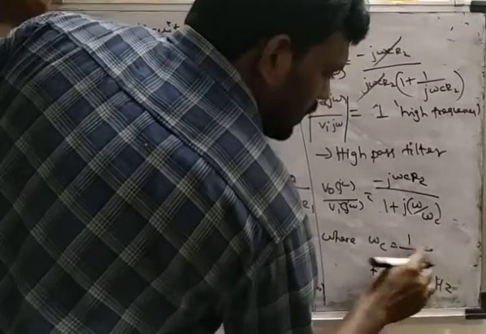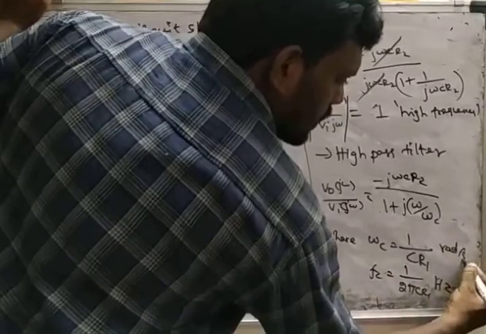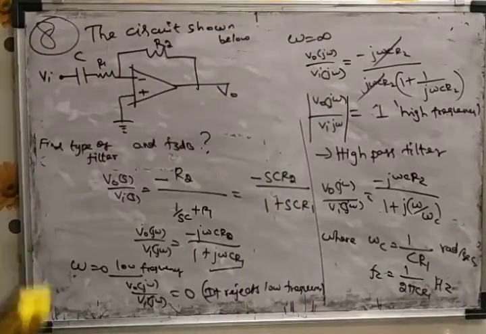Omega C will be in radian per second, and fC will be in hertz or cycles per second.